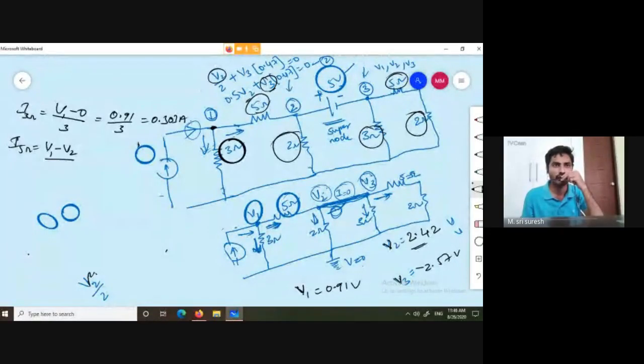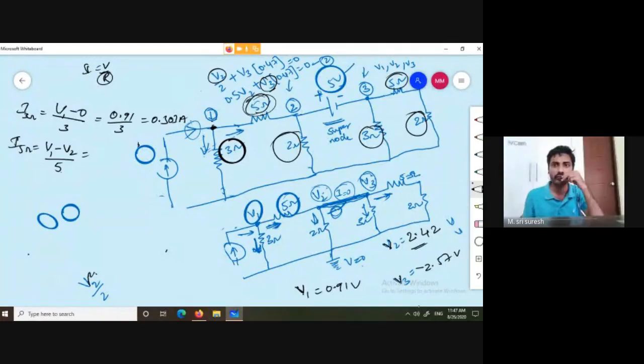What is the resistance value? 5 ohms. So I is equal to V by R according to Ohm's law. We want to calculate the 5 ohms branch current. What is the potential between V1 and V2? V1 minus V2 is the potential difference, and the resistance value is 5 ohms, divided by 5.